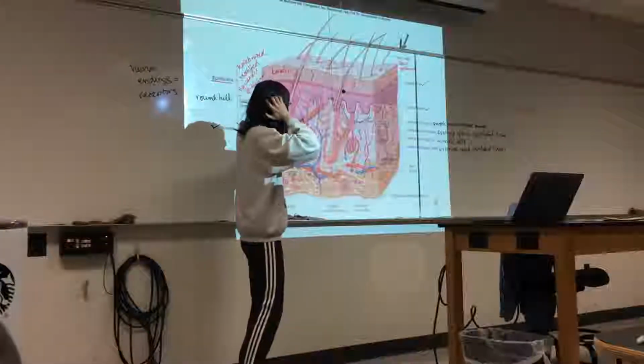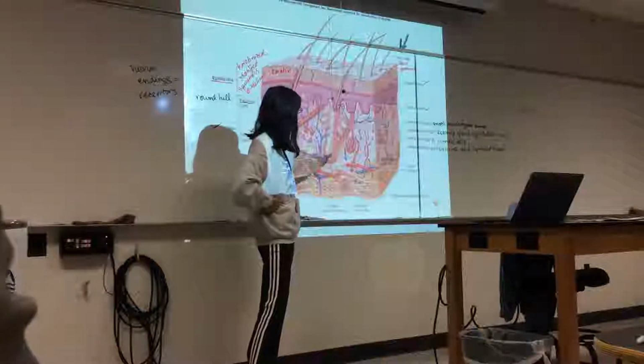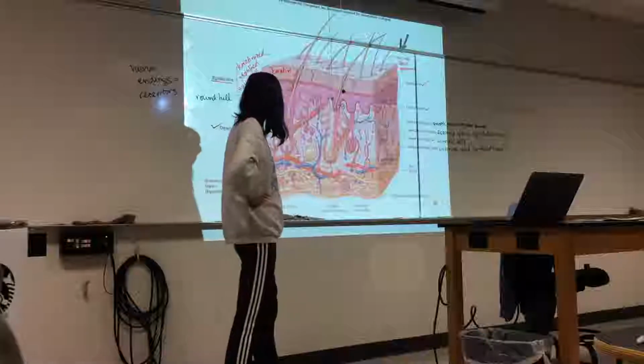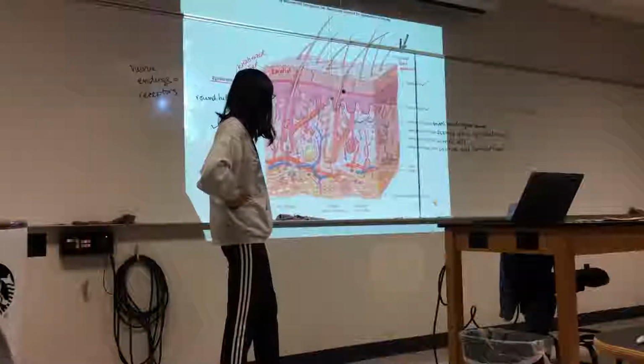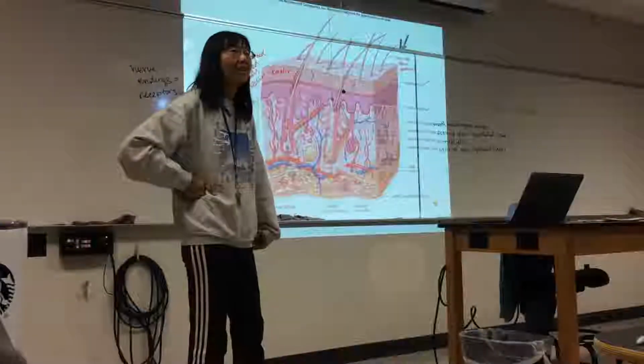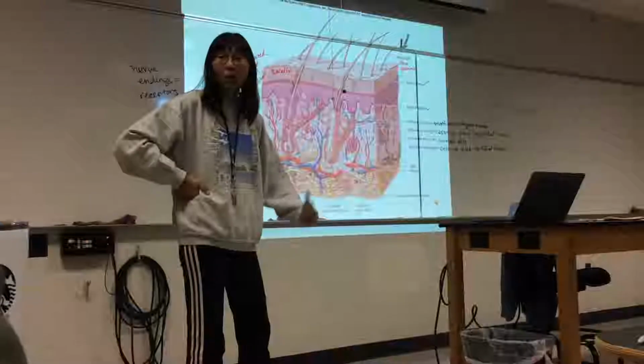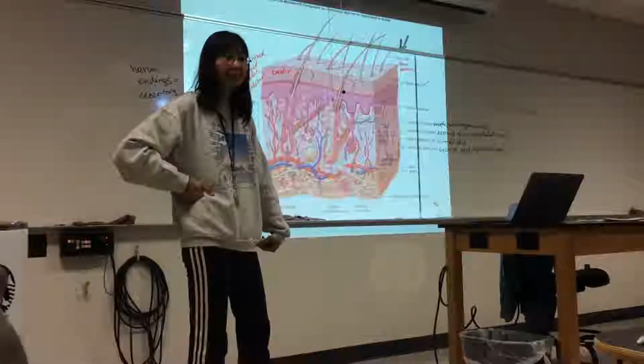So they're sprinkled everywhere. Some of them are wrapped around the hair follicle. So what does that do? What do you think? Makes it hurt when you pull your hair. Exactly, so that you know when someone just plucked your hair.